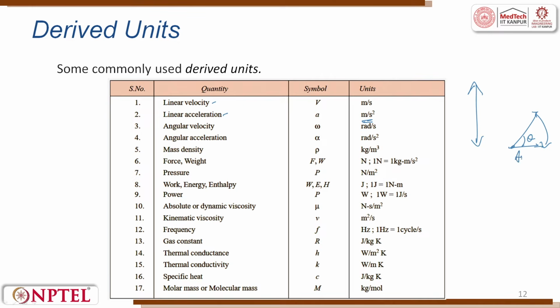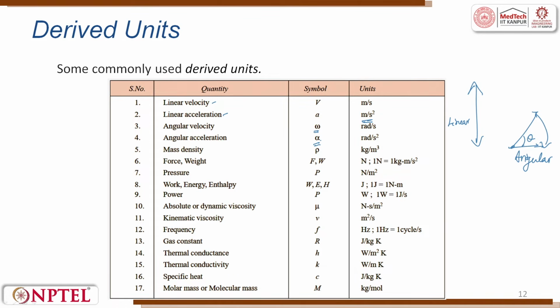So, this is angular, this is linear. Okay. So, angular means it is measured in terms of theta, which is radians per second. The acceleration can be radians per second square. So, you should also understand these are all the standards, omega and alpha are the standards.